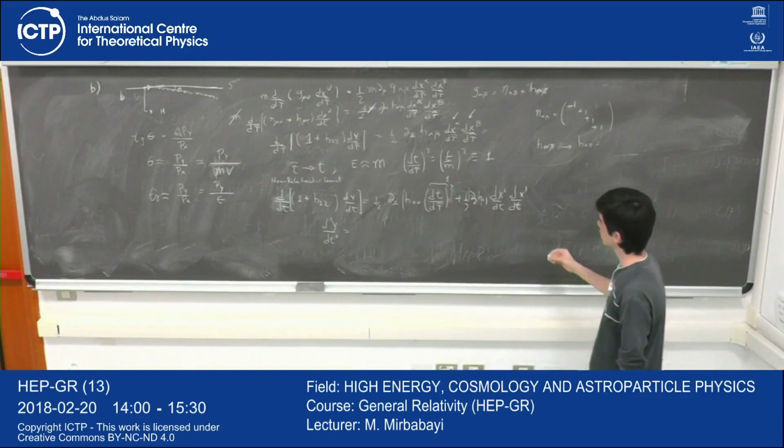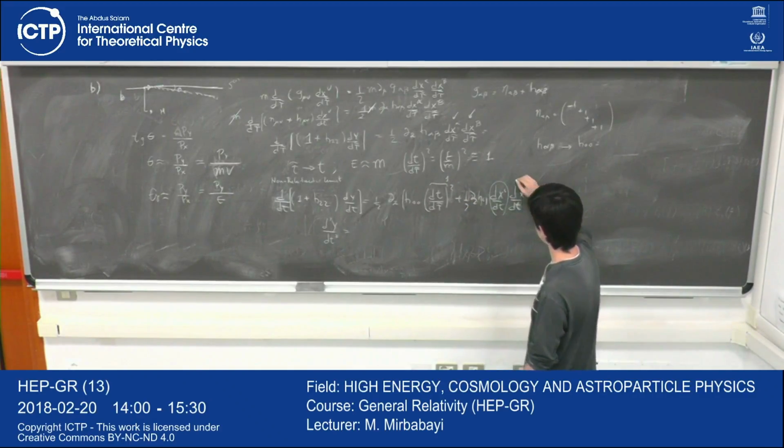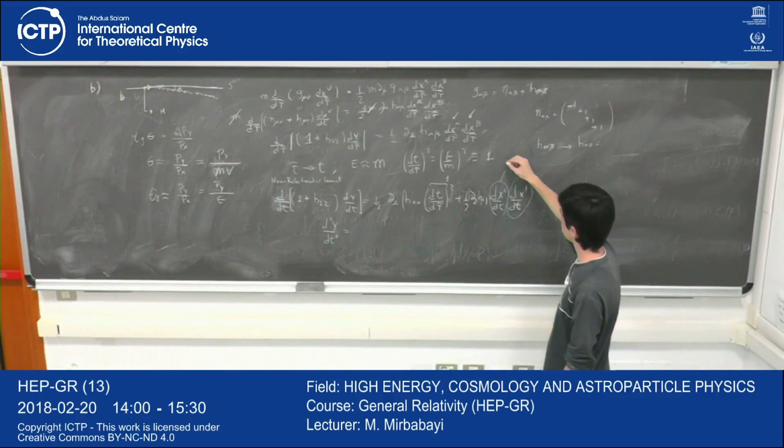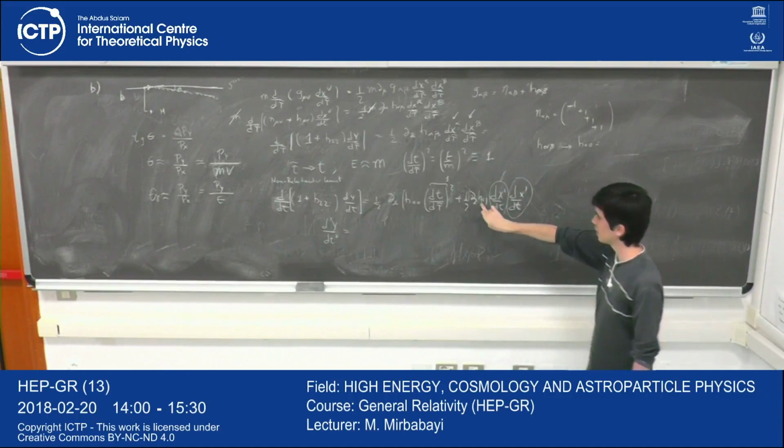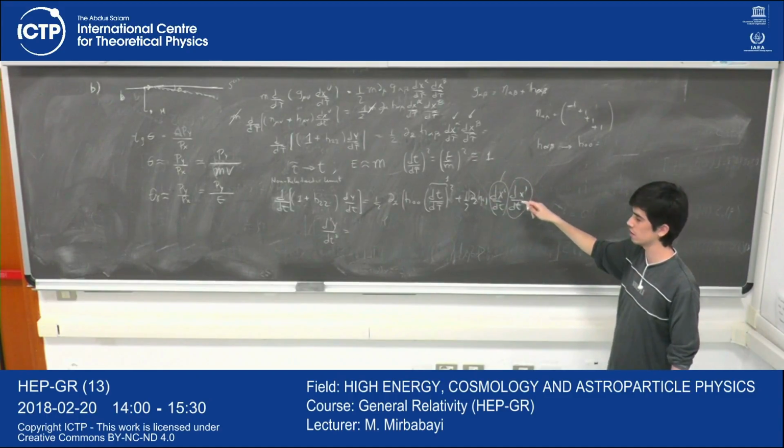And these are the spatial components of velocity, but because H_ij is diagonal, this is a velocity squared.